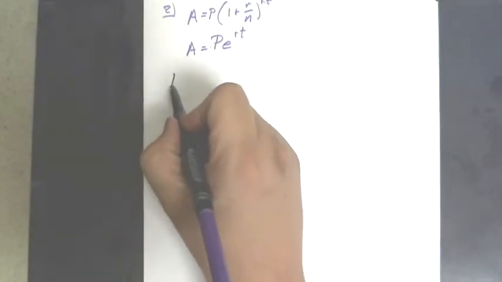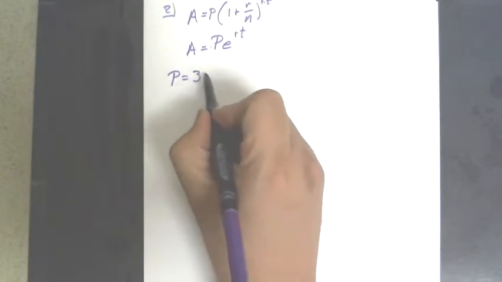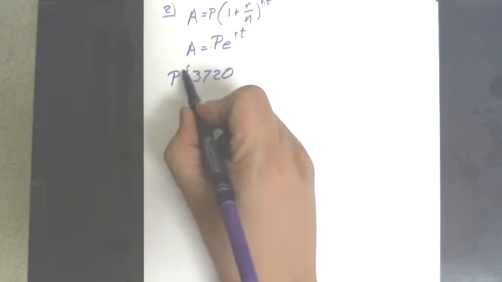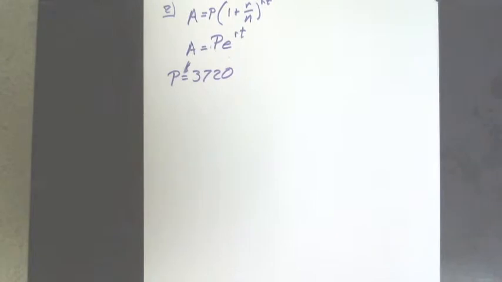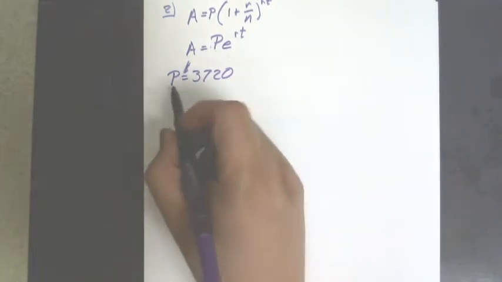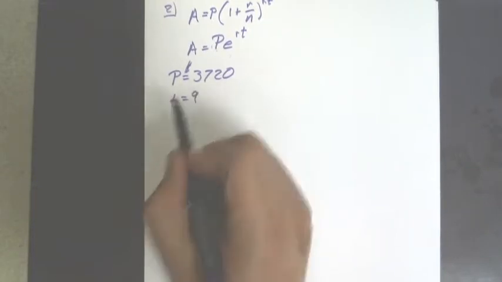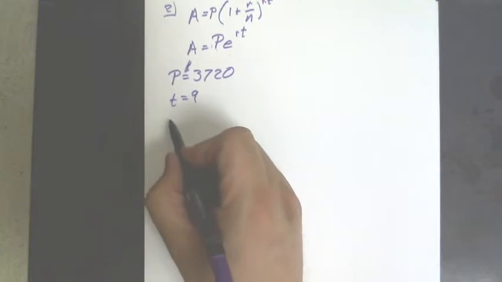So you're asked, given a starting amount of 3720, so P equals $3720, 9 years, so t equals 9, and interest rate of 6.7.